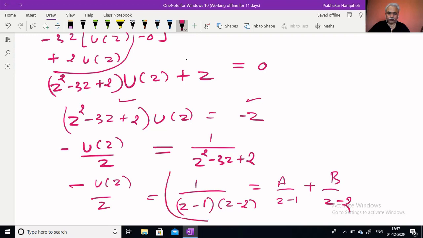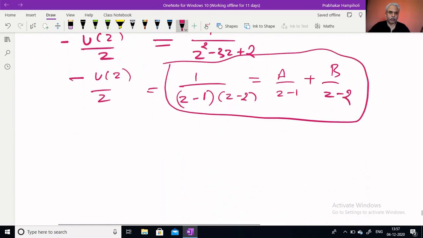Now only this part, if you look, you can very easily find the a and b values, which I will show you again, which is a repetition for inverse z transform. U of z by z therefore equals: to find a, put z equal to 1 here and neglect the z minus 1 part.